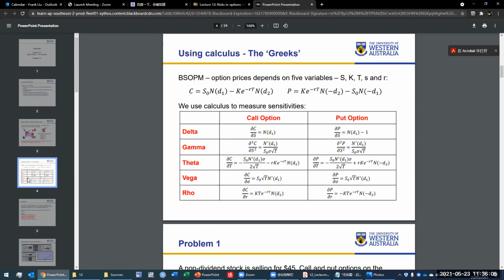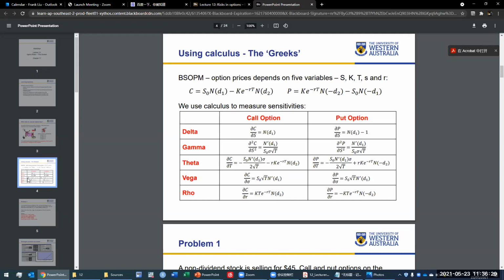The left-hand side is what it is, but the right-hand side is what you get if you're assuming Black-Scholes. If you're assuming another model, like the Heston model, you get different Greeks. If you calculate them from a binomial tree, you get different Greeks again. But the Greeks in this framework are based on this.